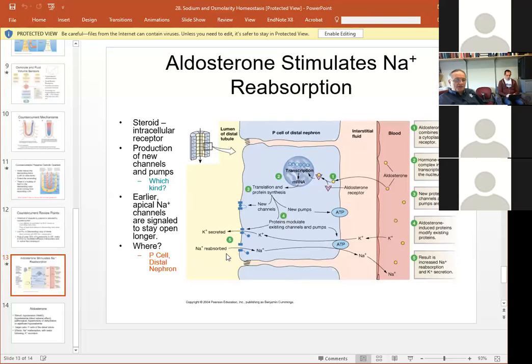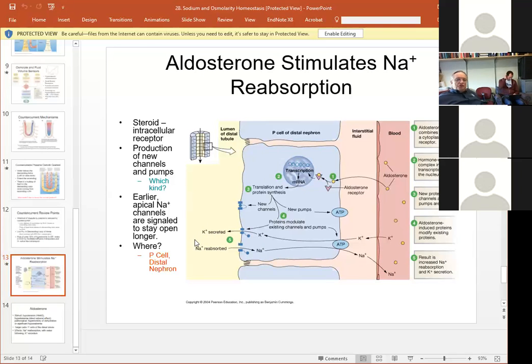The channels include the apical sodium channels that allow sodium to get in and be pumped through the sodium-potassium ATPase in the basolateral membrane back into the bloodstream. There are also potassium channels that allow potassium out. So if you start to get too much potassium, aldosterone will stimulate the production of more potassium pumps and more potassium channels to let potassium out.